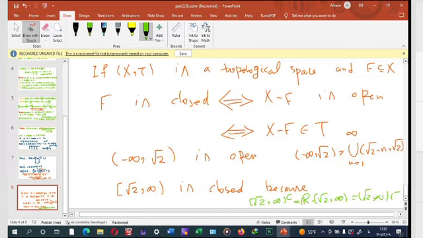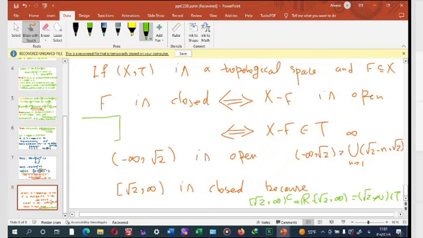This is an open set, so its complement is closed. It is very important that F is closed if and only if the complement of F is open.